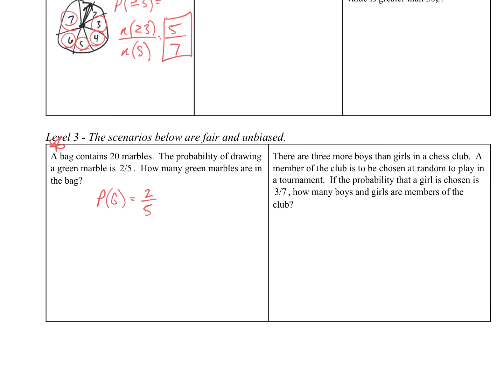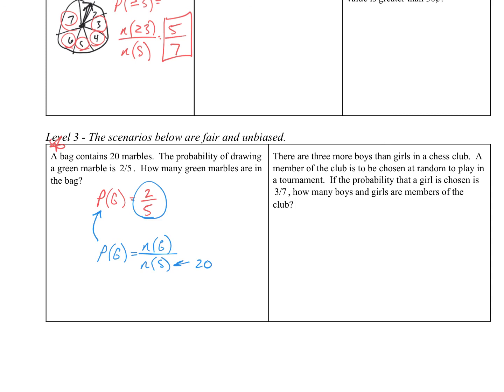So when I set this up earlier, I said the probability of any event taking place is the number of ways to get the desired outcome divided by the number of elements in the sample space, that's 20. So that means this must be a reduced value, because there are 20 marbles in the bag, but the probability of pulling a green marble is 2/5.